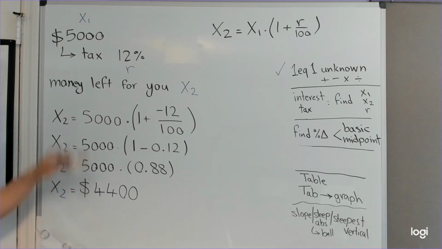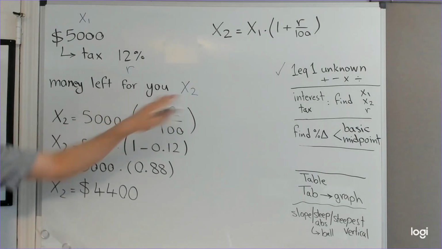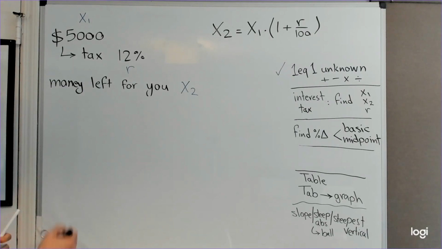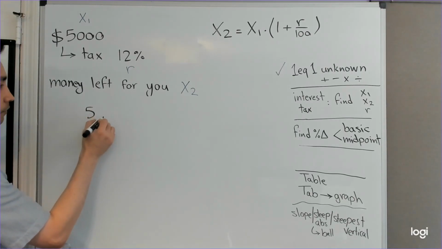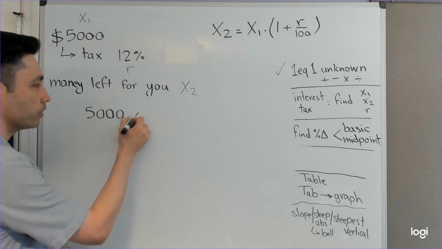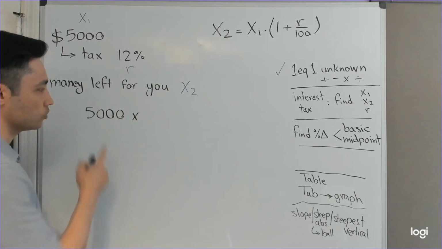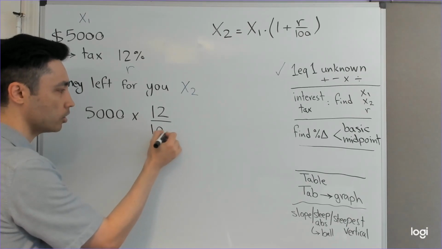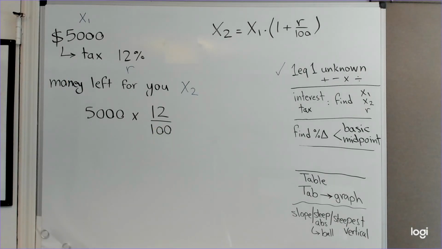If the question is asking you how much money you're left with, you can find x2 as we did. Alternatively, you may just find the percentage of your money that you are supposed to pay to the government. In this case, you would say, I have $5,000. I'm paying 12% of it to the government, so $5,000 times 12 over 100 is what you have to pay to the government.